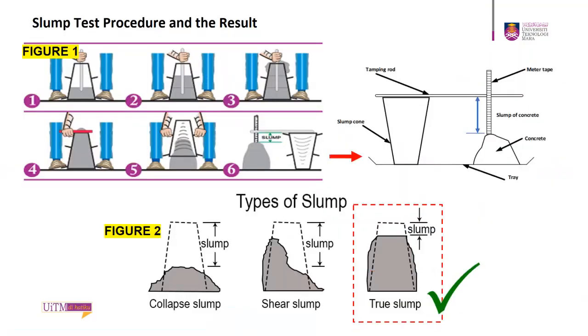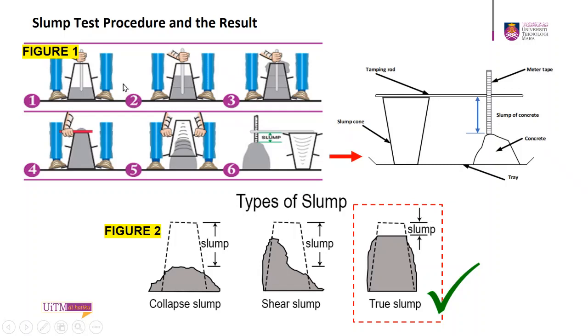Let's look at the slump test procedure and the result. Figure 1 shows the procedure of the slump test, where the steel slump cone is placed on a solid, impermeable level base and filled with the fresh concrete in 3 equal layers.